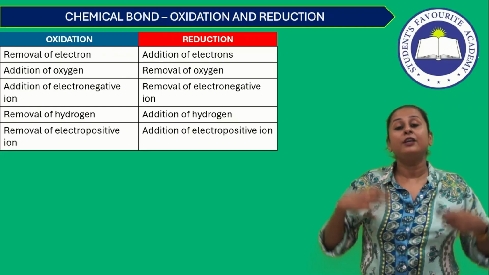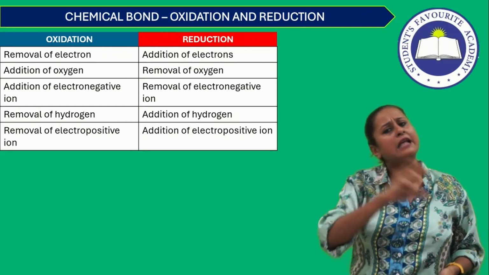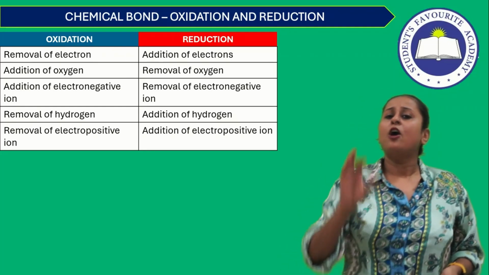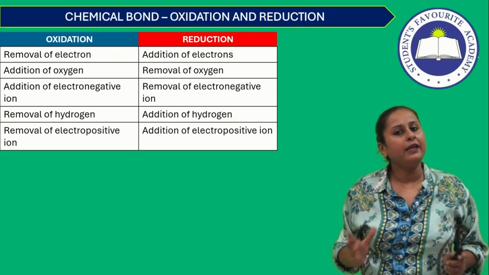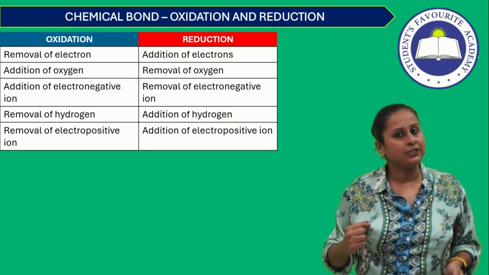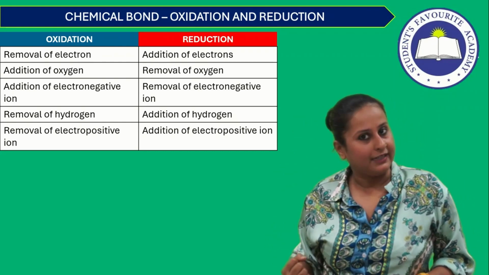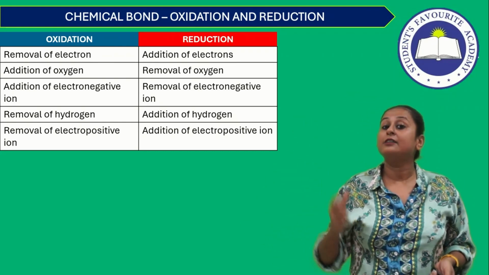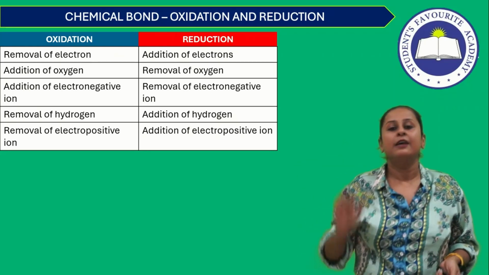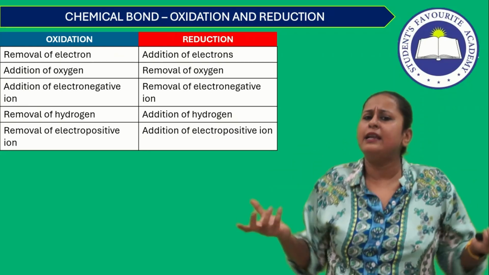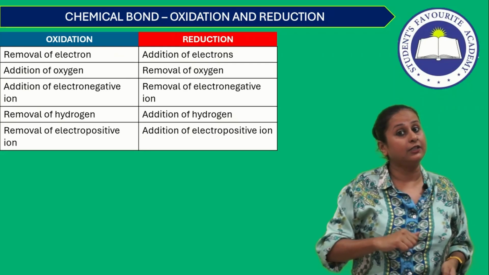So sometimes we also have to define it by its classical terms. That means oxidation, what does the word mean? It means addition of oxygen. So whenever an oxygen ion, that is oxide O2 minus, gets added to any other ion, we call it oxidation.